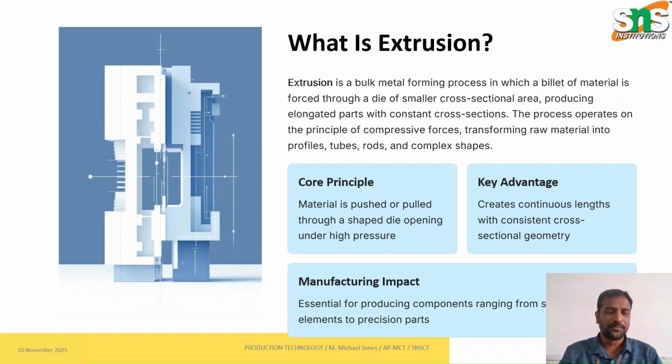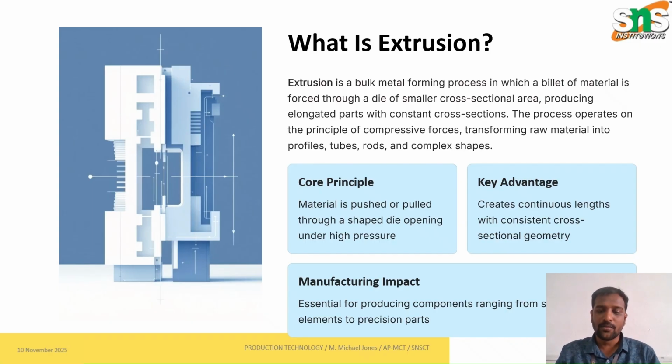We'll have a permanent die, through which a regular shape will be made, and the metal that is heated to the recrystallization temperature will be pulled or pushed into the required shaped die under very high pressure. It is the core principle, with a key advantage that it creates continuous length with consistent cross-sectional geometry. A single cross-sectional geometry will be uniformly maintained in this extrusion process.